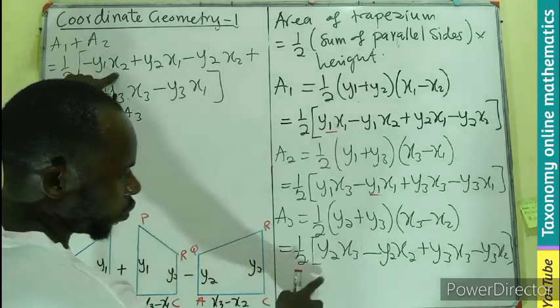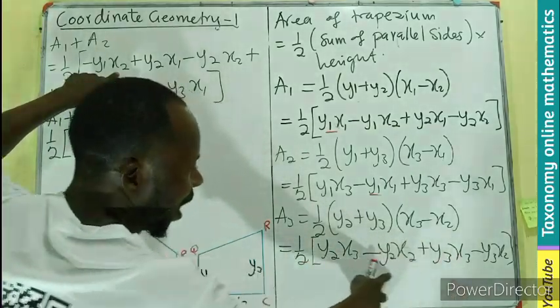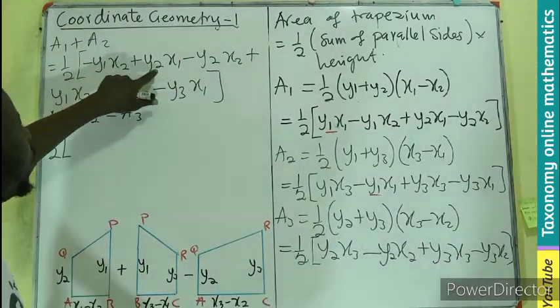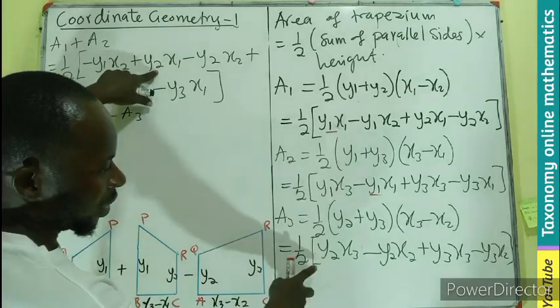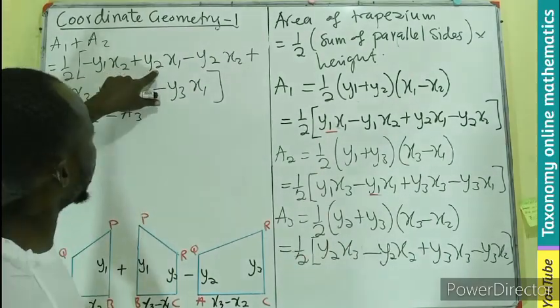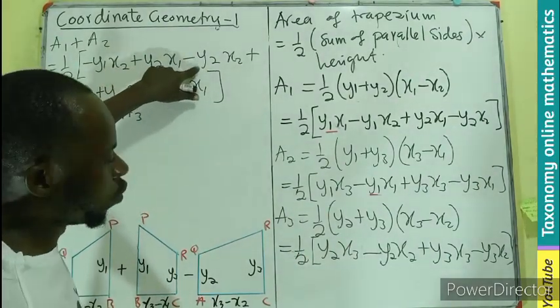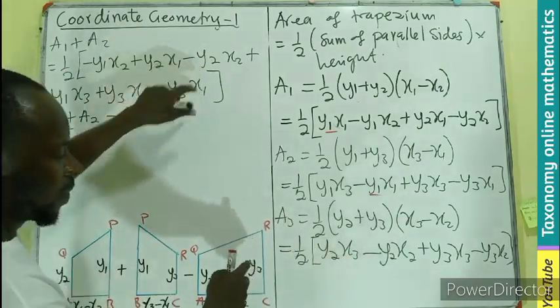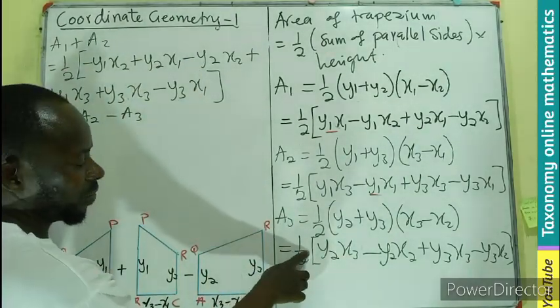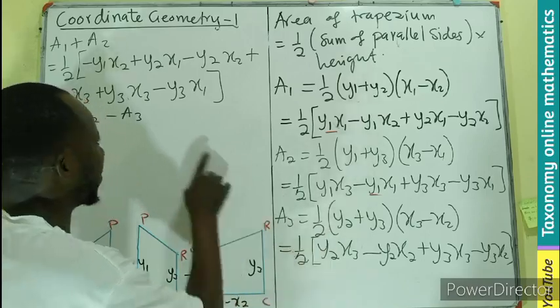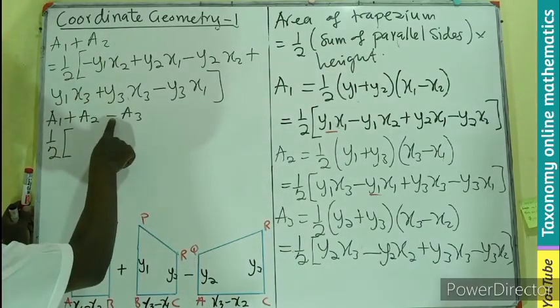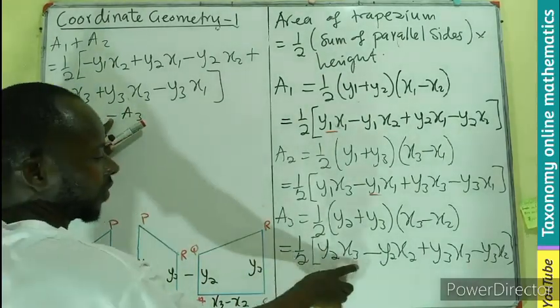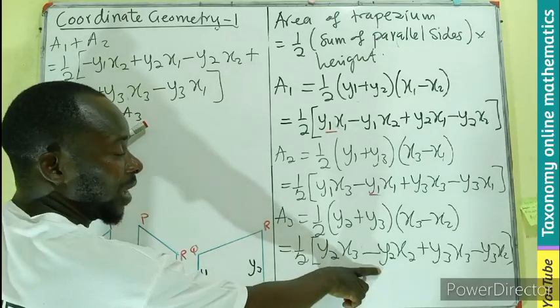y1 x2. Okay, we don't have anything like that. Let's go to y2 x1. y2 x1, no. y2 x2. Don't forget, if I bring a negative, this negative will have an effect on all the terms in the bracket.